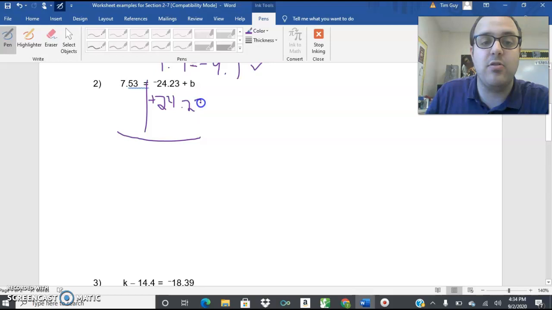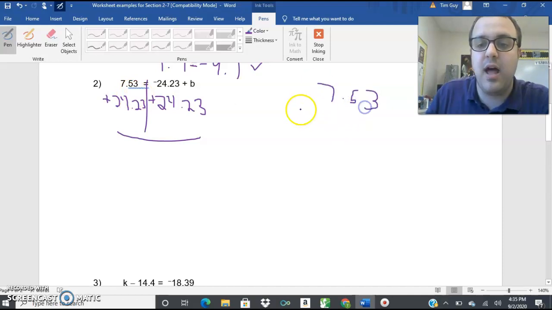And again, when I go to add these, I'm going to line up my decimal point so that I can add them together. So here, I need to pay attention and make sure, again, that decimal point's lined up. So if I do 7.53 plus, I need to have 24 point 23, and notice my decimal points are in the same spot.